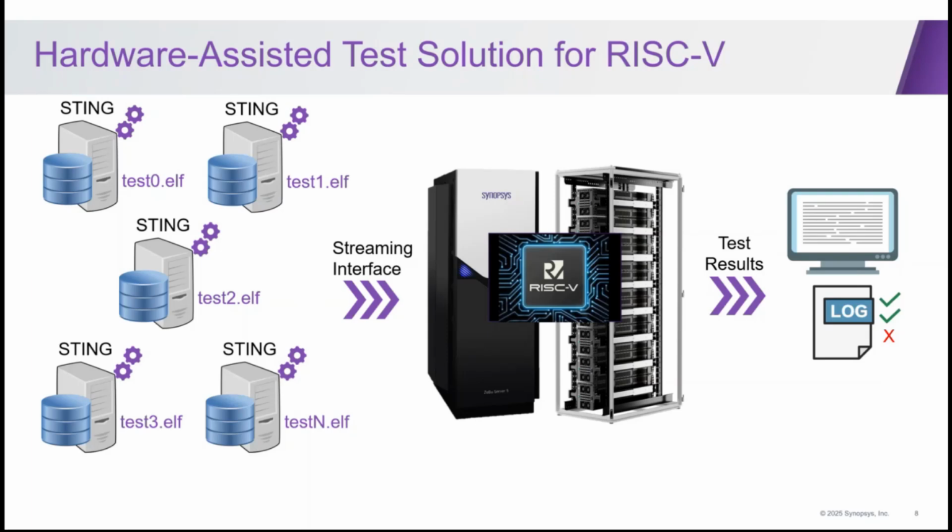Each of the Sting instances will generate many tests, so you will generate a lot of tests on the computing farm. Then we developed a streaming interface here. We will pick up the tests from your computing farm and load the tests to ZeBu or emulation hardware.